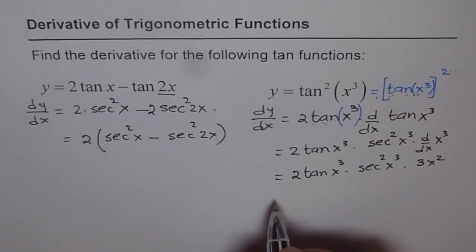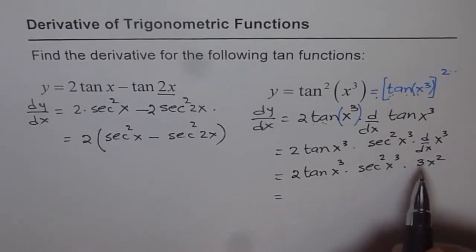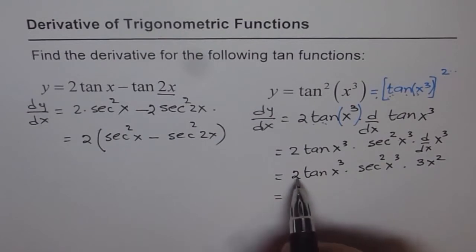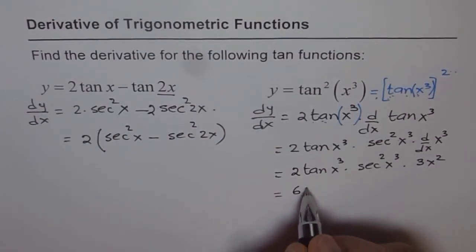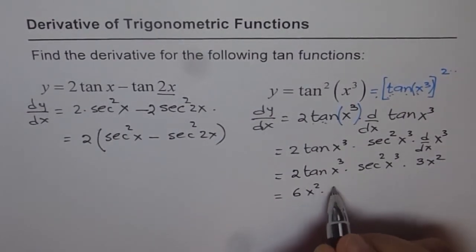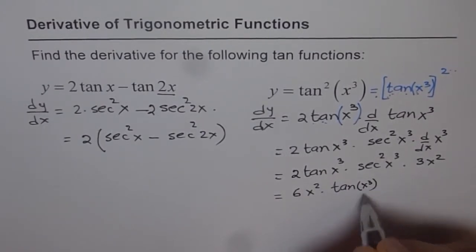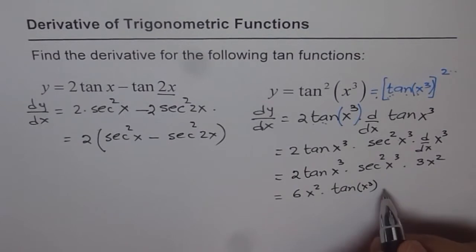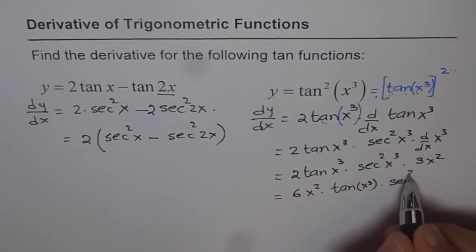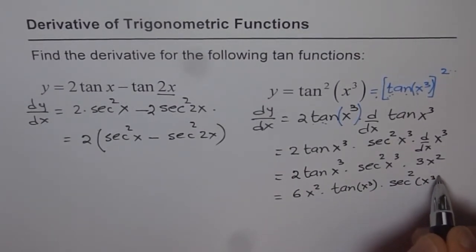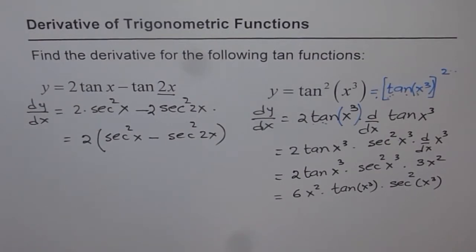Now we can combine these terms: 3x squared times 2 is 6, so write 6x squared times tan x cubed, that's an angle, times secant squared x cubed. So that is the answer.